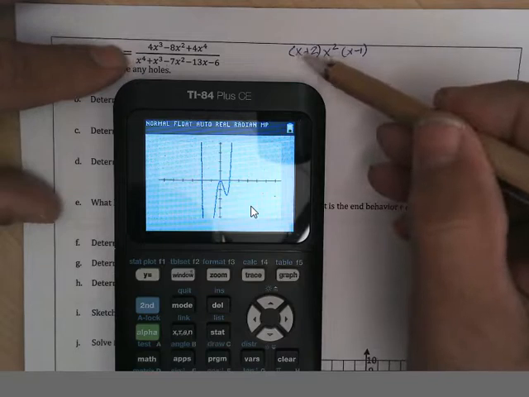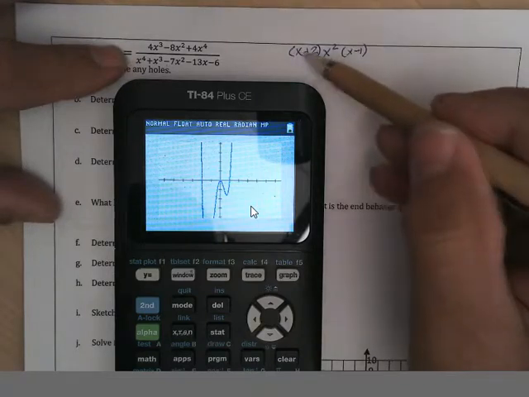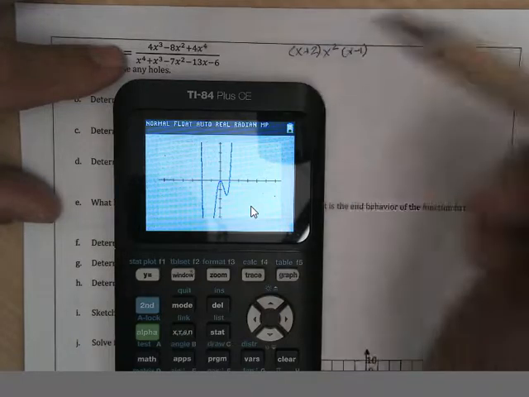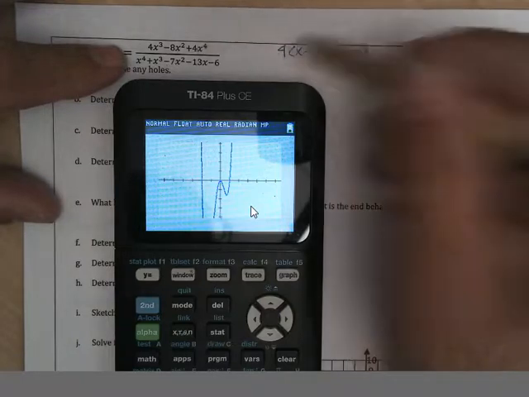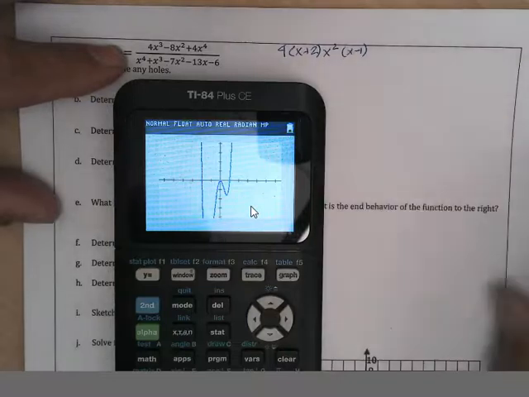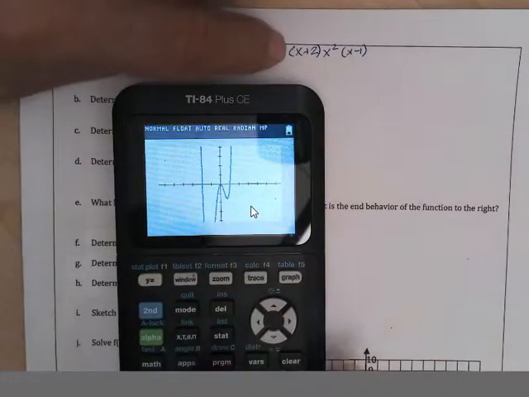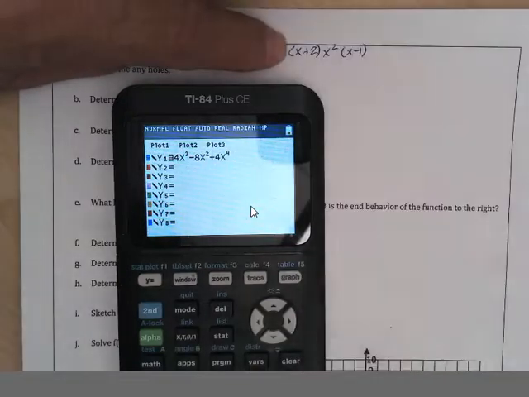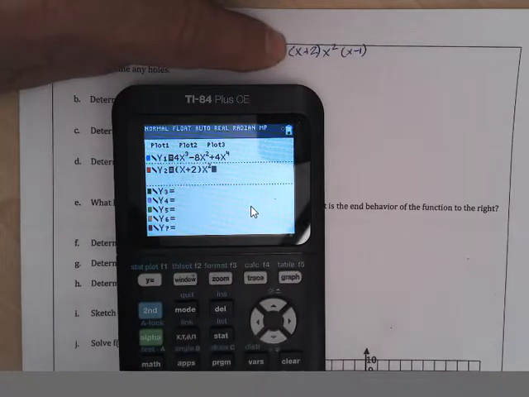But again, this would make a leading coefficient of 1x to the fourth. And we had 4x to the fourth, so there must be a 4 times it. Now you can check this, make sure you've got everything by typing in what we saw as the factors: (x plus 2) times x squared times (x minus 1).